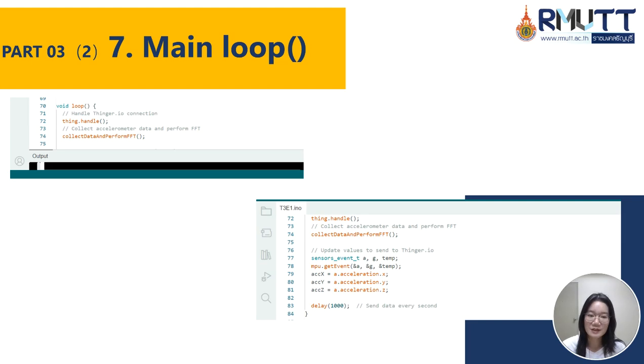And this is the main loop. The loop handles maintaining the single point EF connection, collects data, and performs FFT. It collects data and calculates the FFT with the current acceleration available and uploads it once per second.